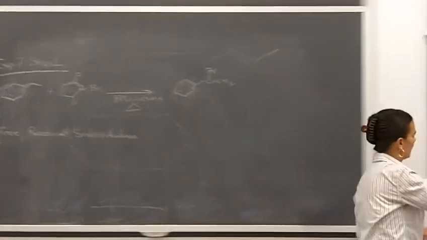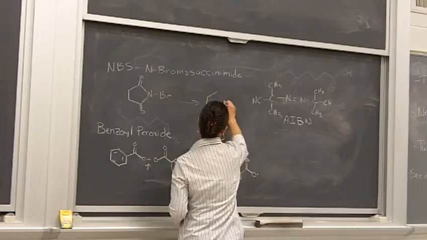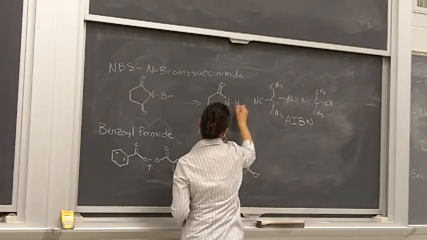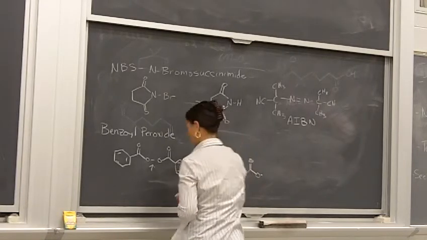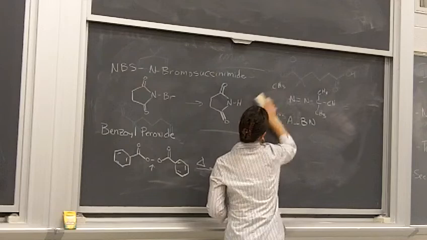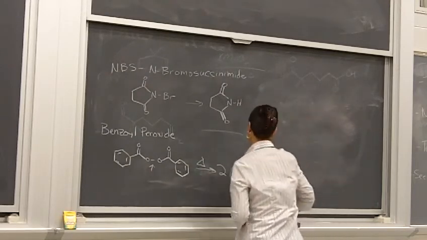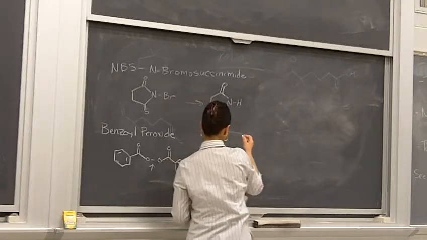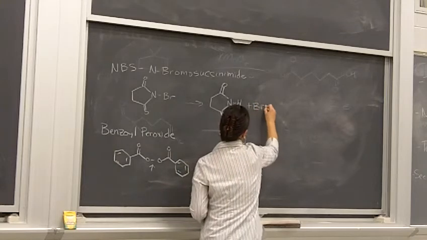Now that N-bromosuccinimide is going to give off a byproduct, since we're not using it this week here, it's going to form succinimide itself, and this is what gives us our Br2.